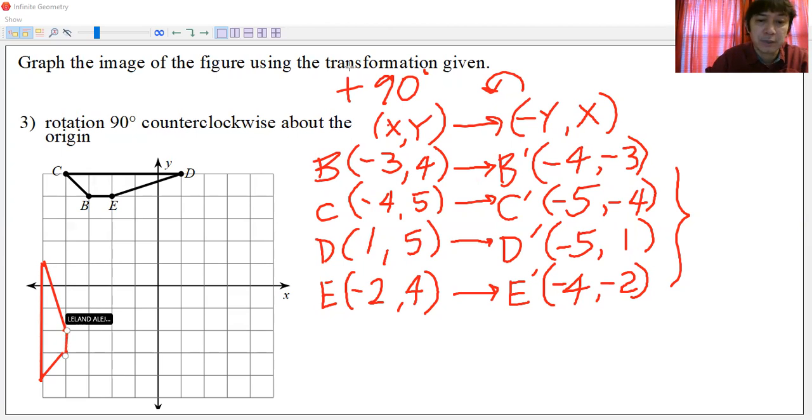I hope that's close enough. That should be the answer. That's rotated counterclockwise. So you see, the object is rotated like that, with respect to the origin.